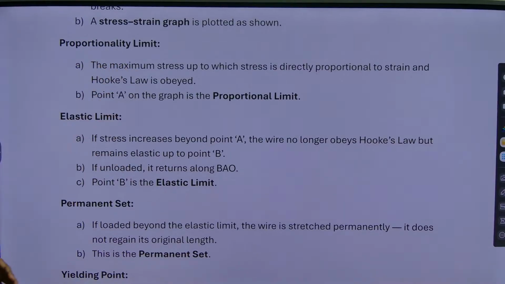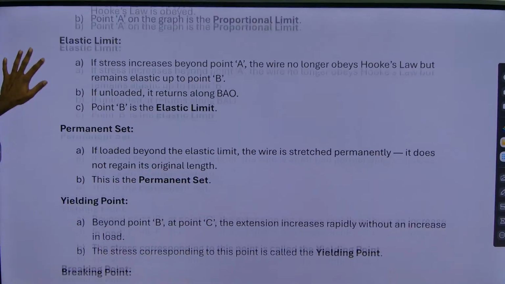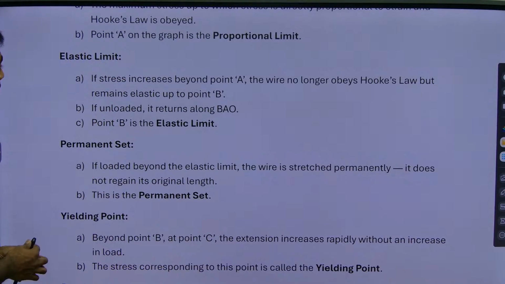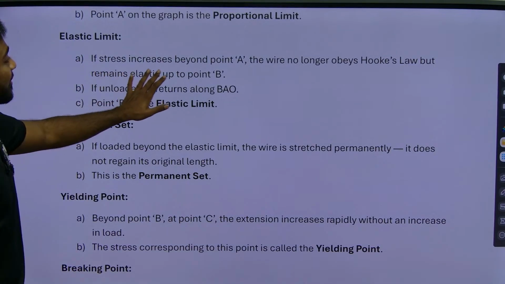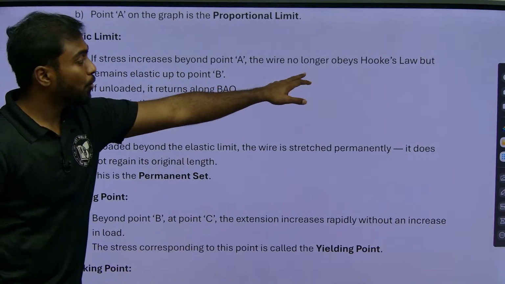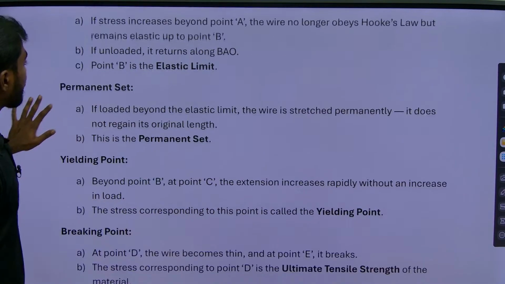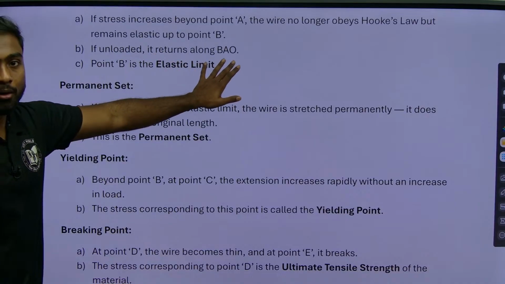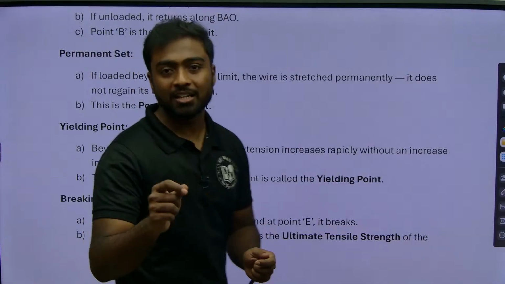Proportionality limit is nothing but the maximum stress up to which stress is directly proportional to strain, and that's at point A. And when we talk about elastic limit, if stress increases beyond point A, the wire no longer obeys Hooke's law but remains elastic up to point B. So if unloaded, it returns to the same position. Permanent set is nothing but the plastic behavior of the material.